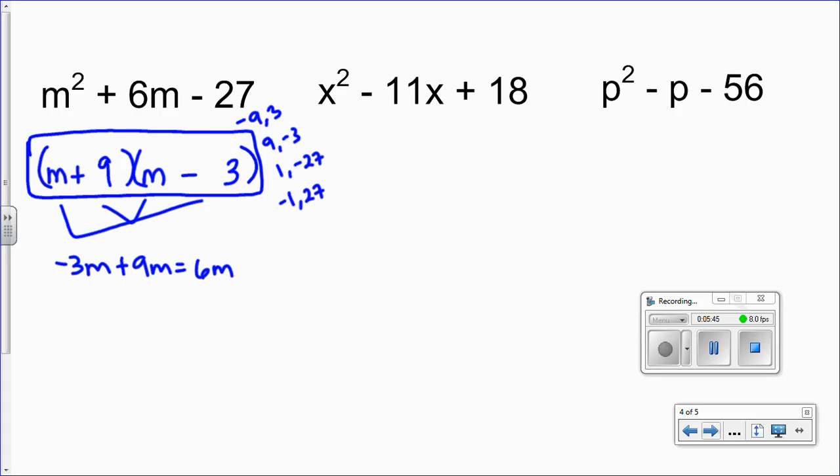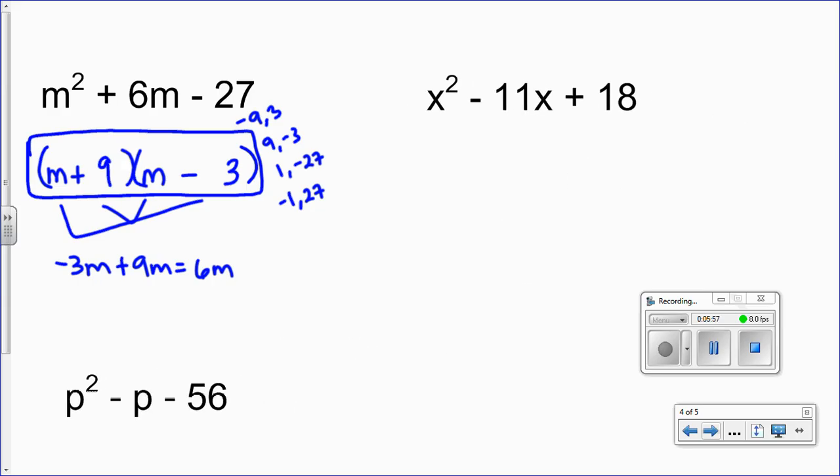Okay, let's look at the next one. Give us a little bit more room. Okay, so x and x, I need to multiply to be a positive 18, so they're both positive or both negative. So I'm thinking 6 and 3, 9 and 2, 1 and 18.